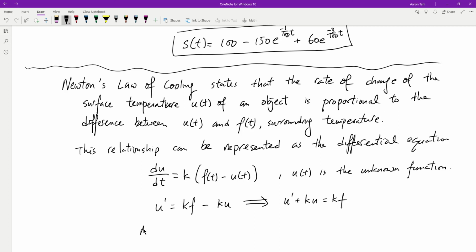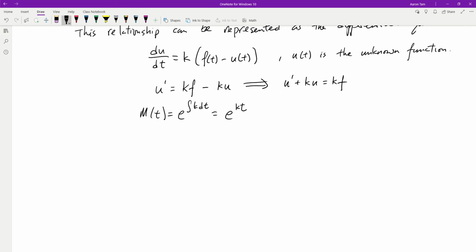And now I can go ahead and find my exponential multiplier. So my m of t would equal e to the integral of k dt, and therefore equal e to the kt. Good. And now I'm going to multiply the entire equation by e to the kt.